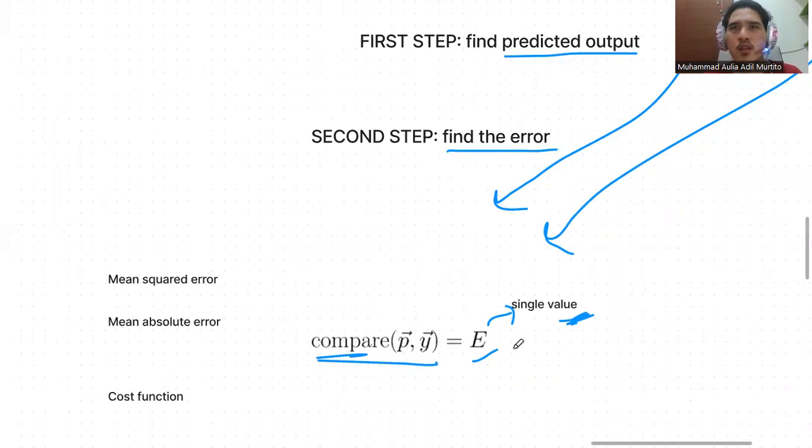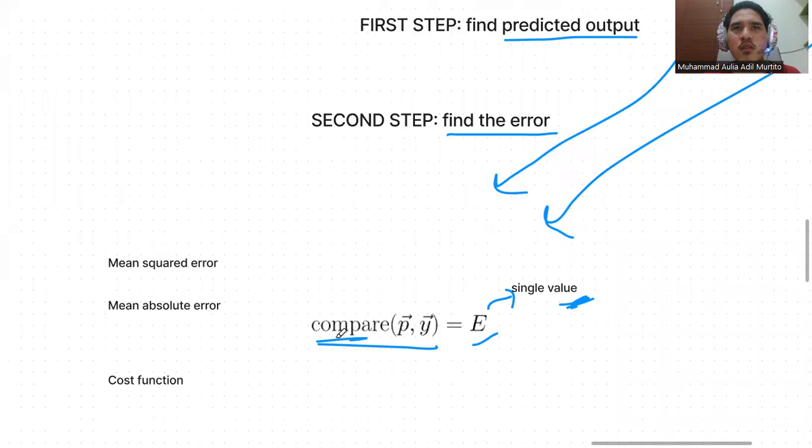A single value is just simply one, or like it turns out to be 10, like a scalar value. I don't know if it is right to say scalar, but it is just a single number. Yeah, just one single number.